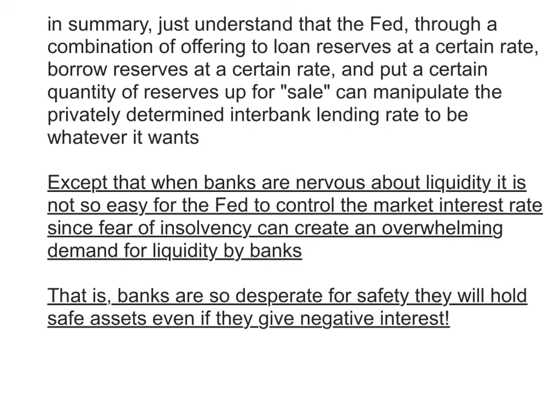And by liquid cash, we can also mean treasury bonds too, by the way. So in this case, banks are so desperate for safety, they will hold safe assets even if they give negative interest. So that kind of screws up our traditional model that we just did one slide ago.